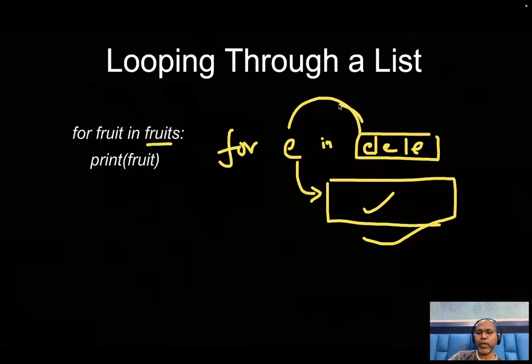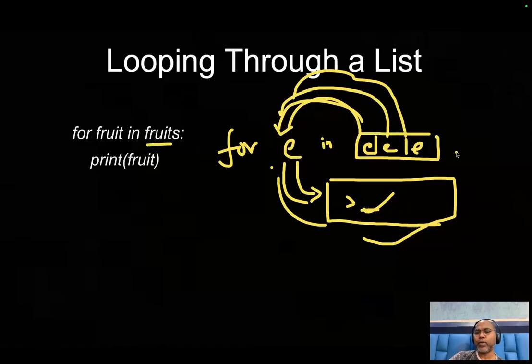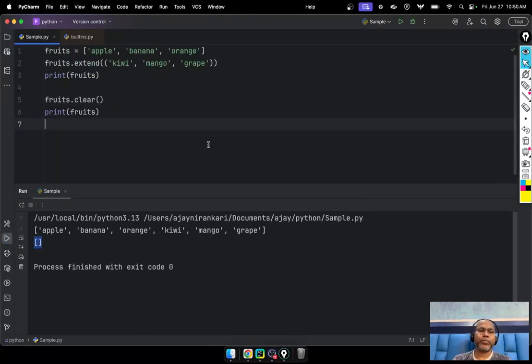The first element goes to this variable, you receive it in the print, do something, then the next element goes here for processing again, then the third element goes here. After that there is no element, and the loop ends. This is the way you can get every element and do some processing.